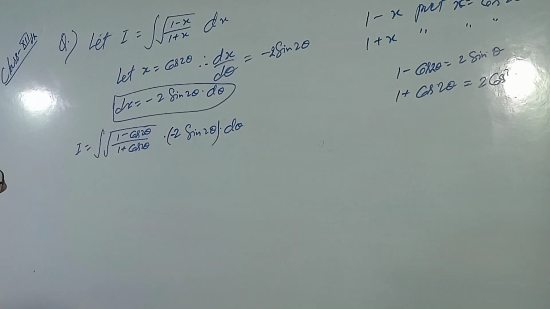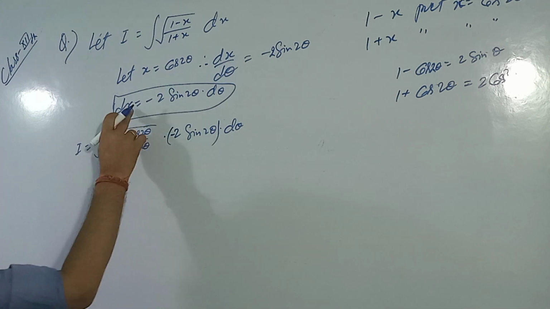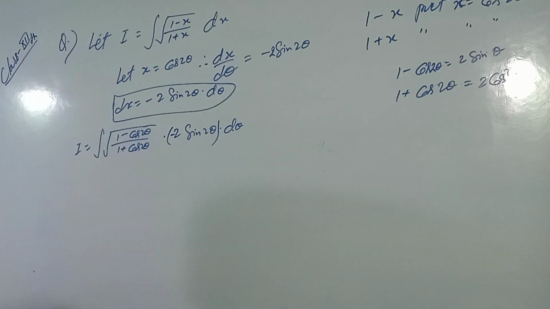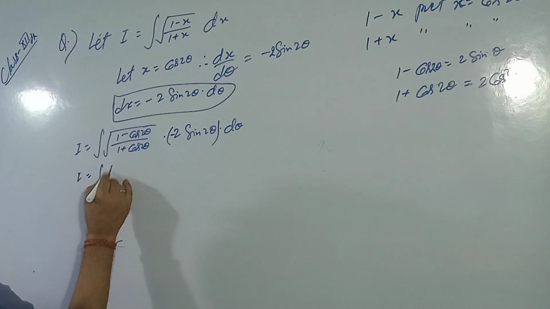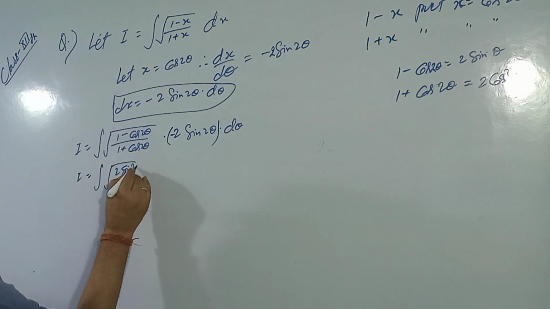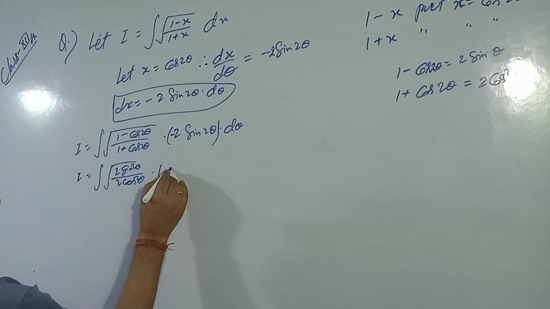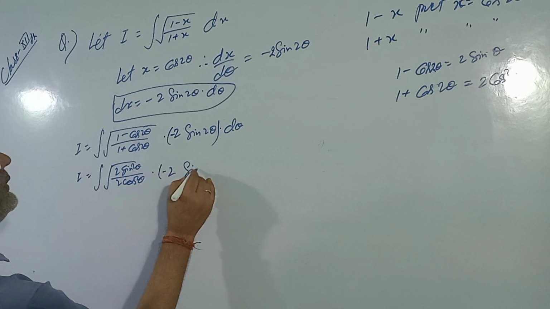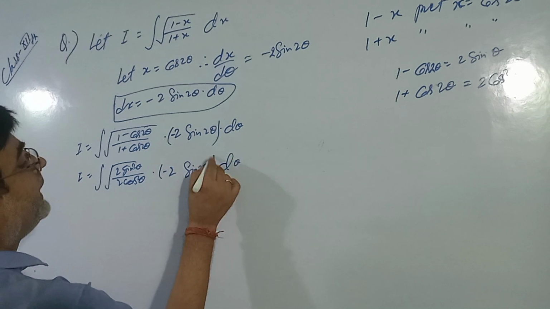Right, students? Because dx is in theta form, then x is also in terms of d theta. I equals the square root of (2 sin square theta by 2 cos square theta), right, times minus 2 sin 2 theta d theta. Right, students?